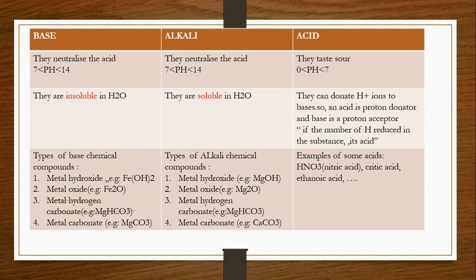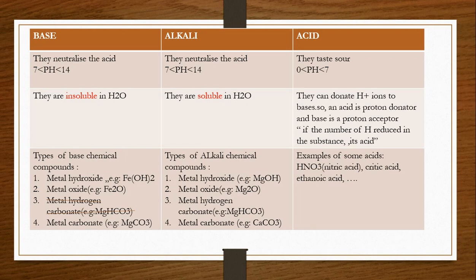Both base and alkali neutralize the acid. Their pH level is between 7 and 14. Bases are insoluble in water, whereas alkalis are soluble in water. So yet again, we come across the words soluble and insoluble.